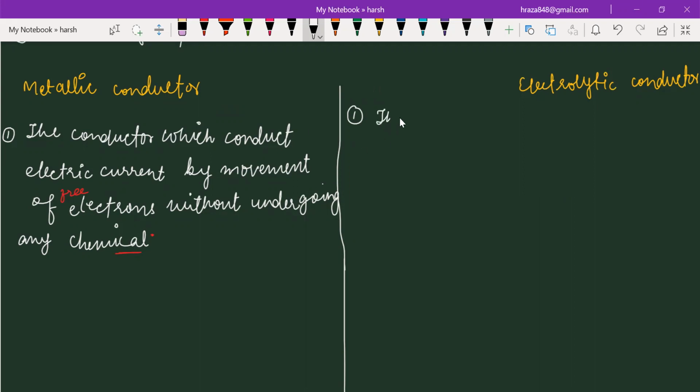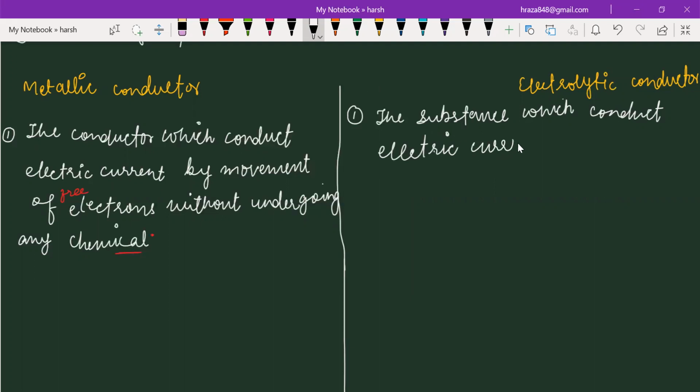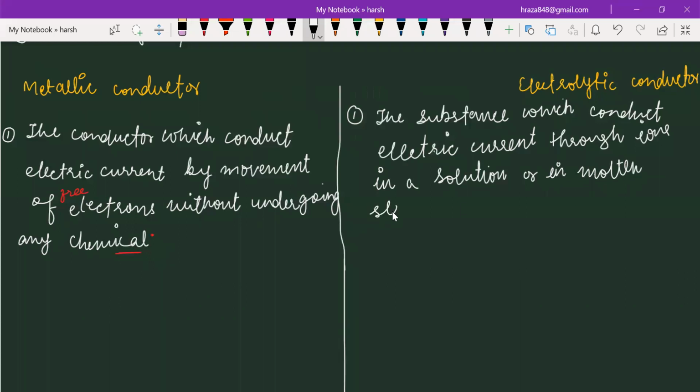Now, when we talk about an electrolytic conductor, basically the substance or the conductor which conducts electric current through ions in a solution, with the help of ions in a solution or in molten state, is called an electrolytic conductor.